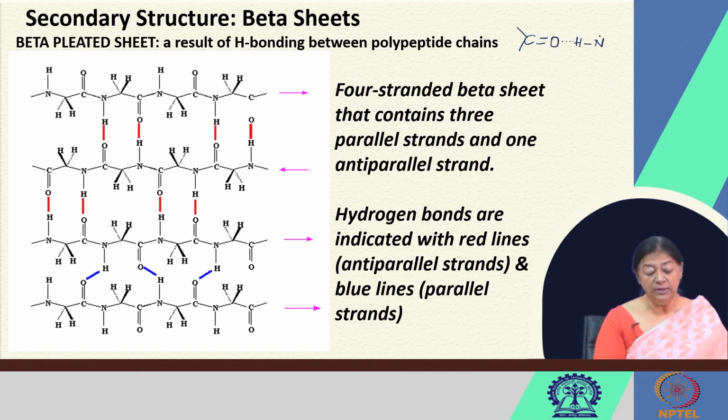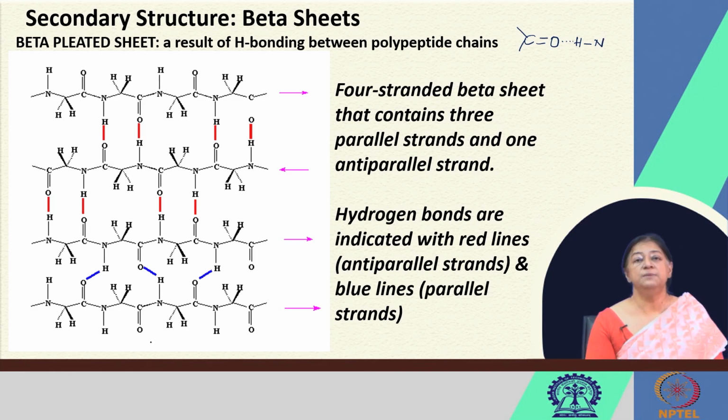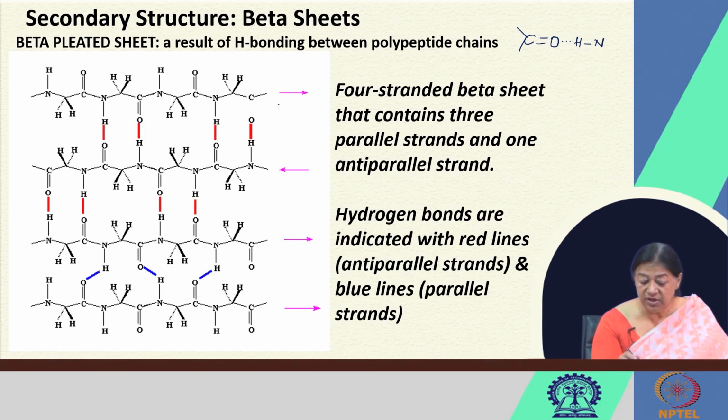Now, when we look on the pattern that is shown on the left, this is a beta pleated sheet that has specific strands to it. What do we see? We see 3 of these strands that are parallel in nature. We see one that is anti-parallel in the sense that it is going in the opposite direction.